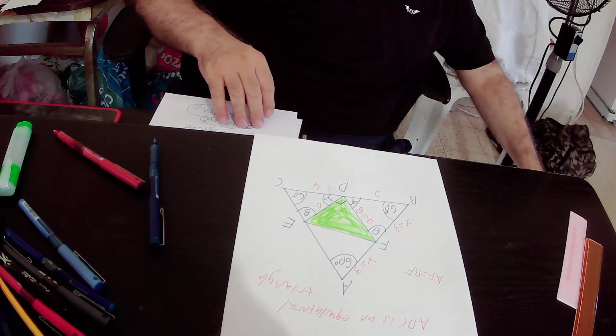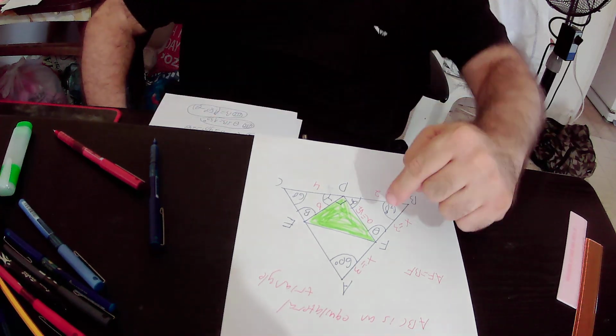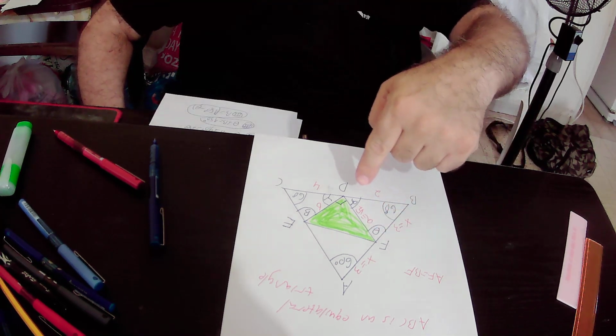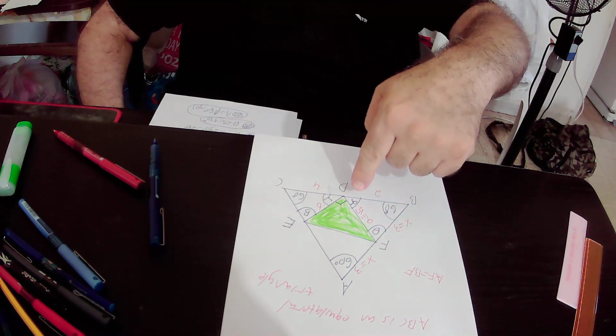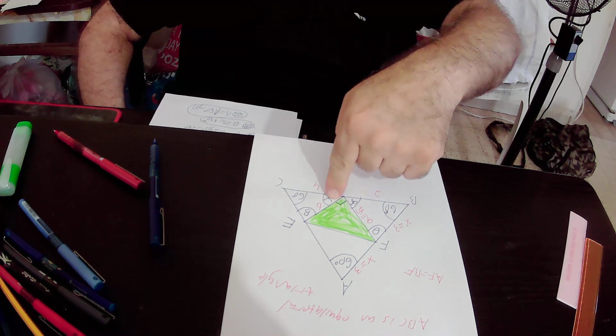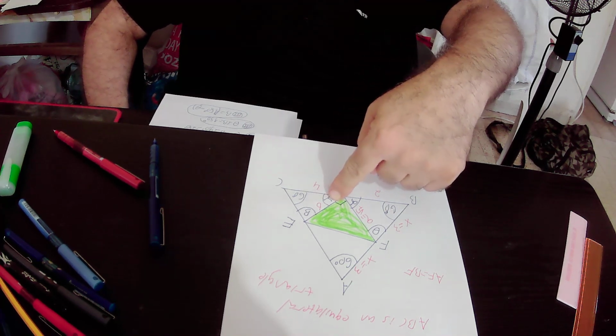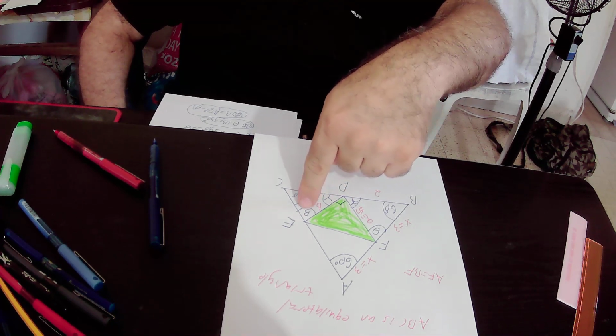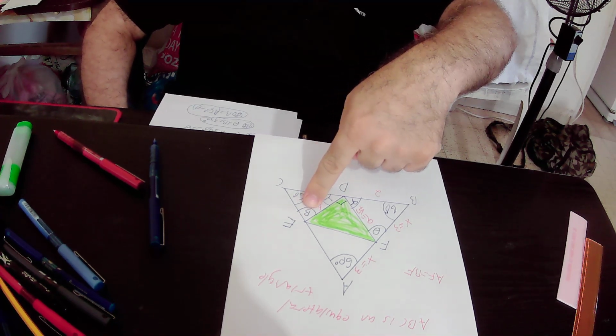we defined this angle as theta, we defined angle BDF as alpha, we defined angle ECD as gamma, and we defined angle DEC as beta.